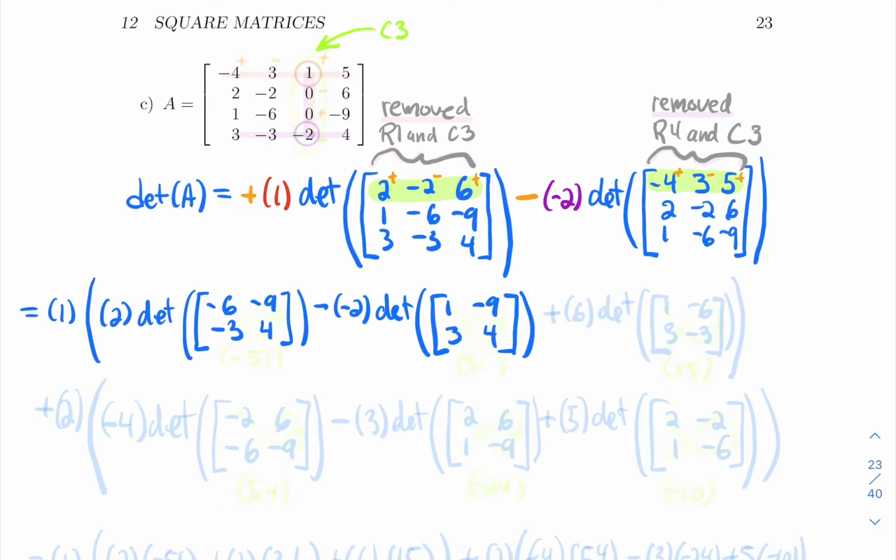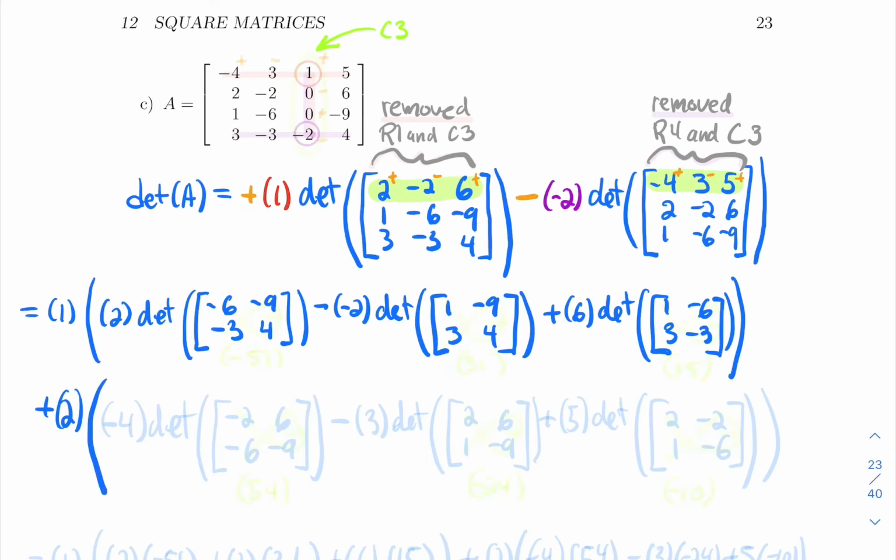Just be careful. And then plus 6, so 6 is at a plus position. Determinant of the minor there, the submatrix 1, minus 6, 3, minus 3.